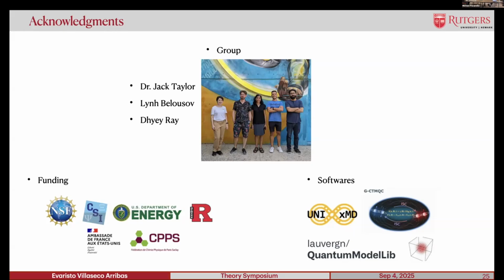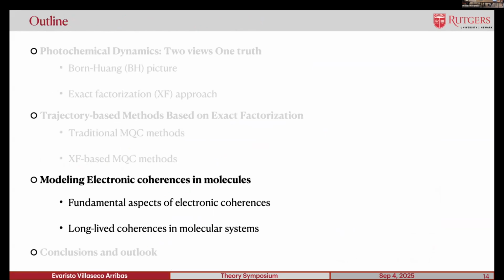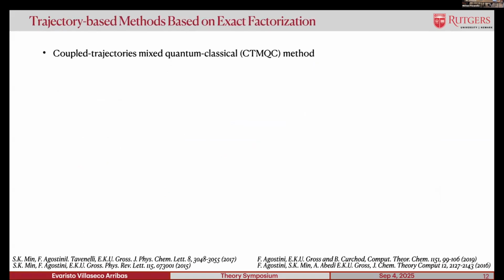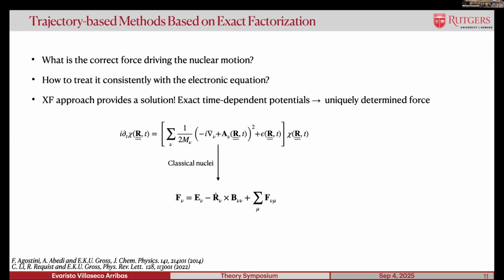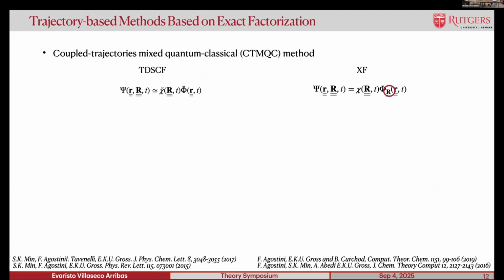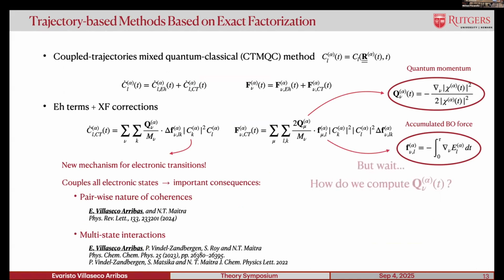So if you go back, do you have an equation of motion there somewhere? The slide with equations for the exact trajectory-based ones. No, I think now we've gone too far.